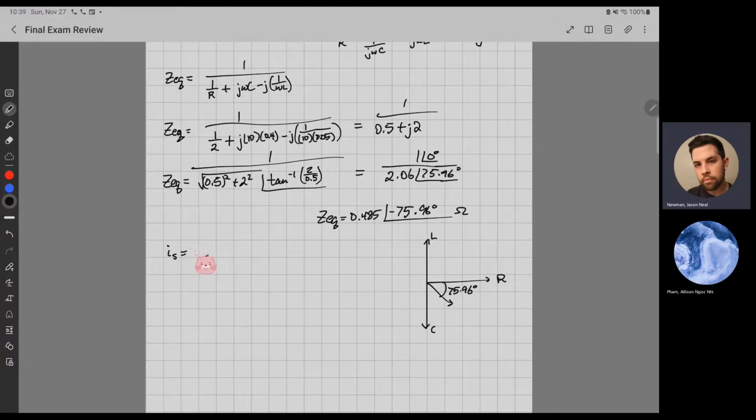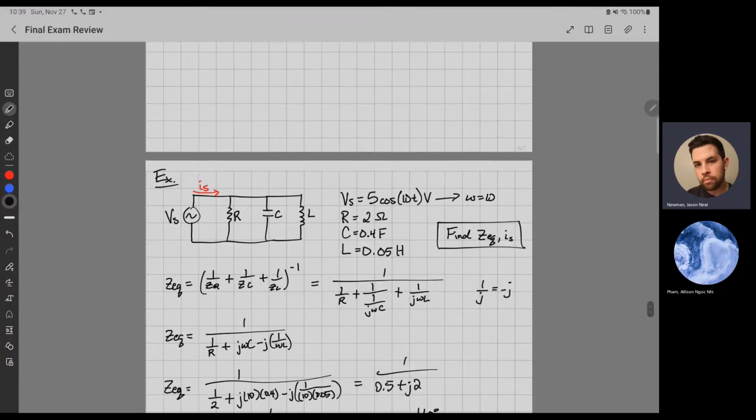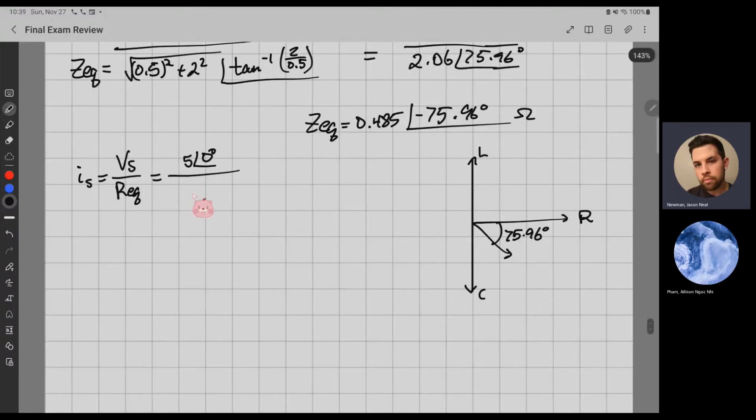Okay, so here's IS. We need to solve for this, which is VS over R equivalent. And so this is 5, because that's our VS, right? Yes. That's just 5. And then this is what we just solved for, Z equivalent.